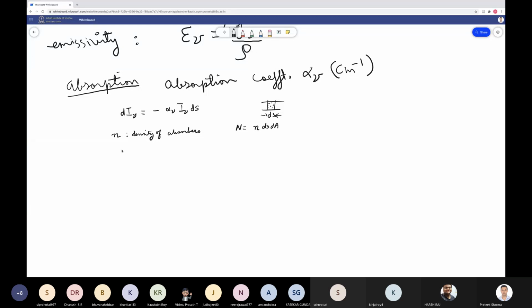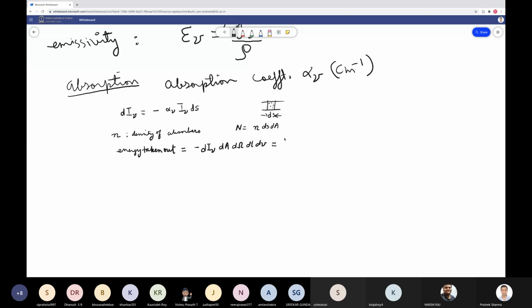Now, the amount of energy taken out of the beam due to absorption is just minus d I nu. This is change in specific intensity times area times solid angle times time and times frequency range.